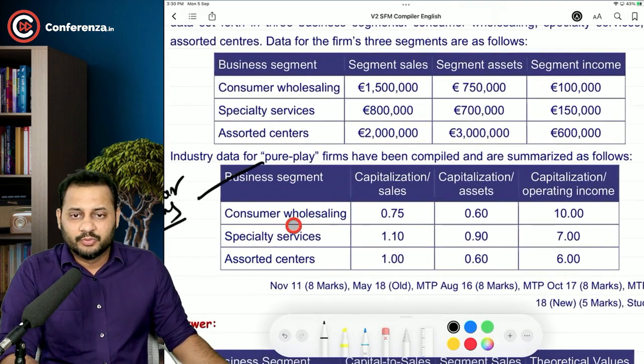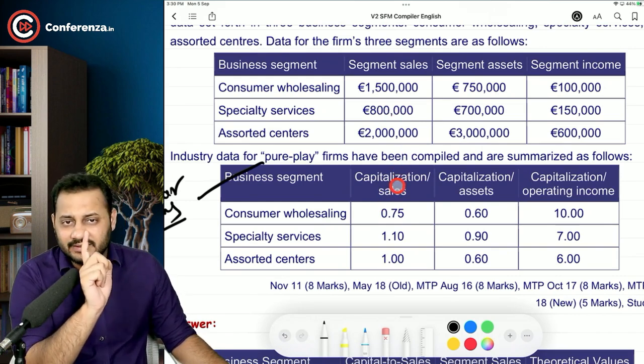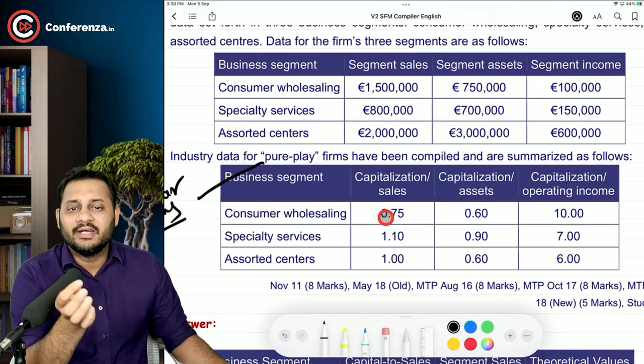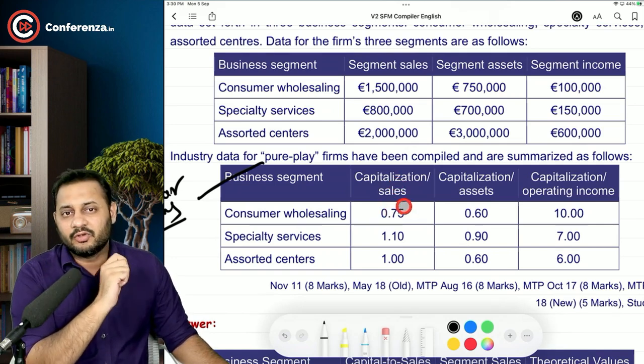Business segment consumer wholesaling, and the capitalization to sales ratio is 0.75. Understand the formula: capitalization divided by sales is 0.75. So if you have 1 rupee of sales in your business, your company's value should be 0.75 rupees. That is what the meaning is.